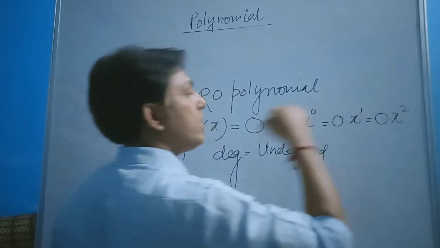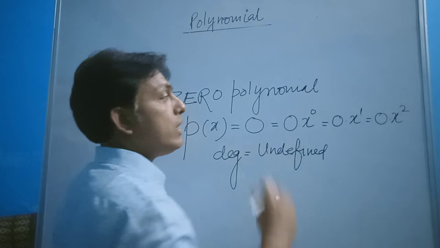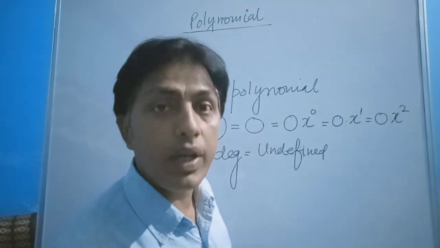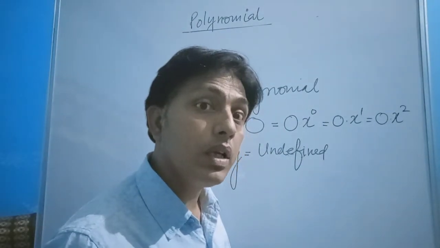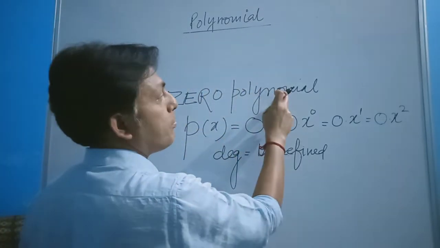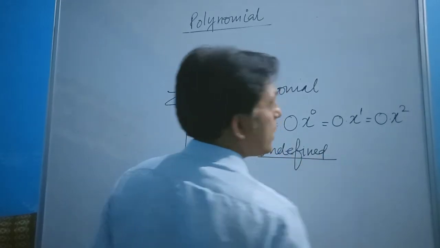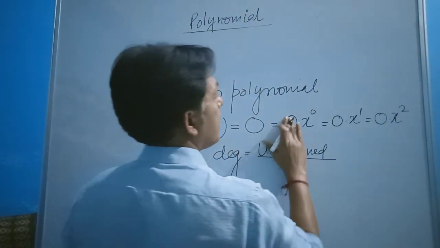According to this, degree will be 2. So how many degrees are possible? Infinite. Infinite means undefined. So a polynomial like the zero polynomial has a degree that is undefined.